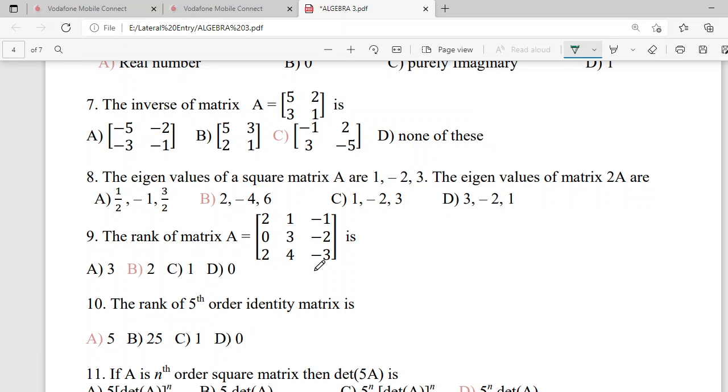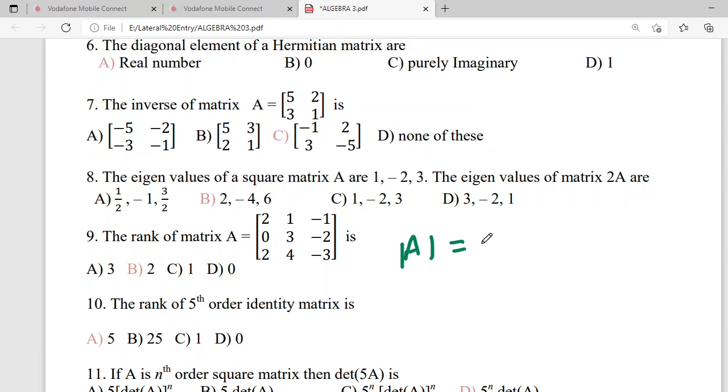So what is the determinant of this? You can write A is equal to 2 into 9 plus 8, then 2 into minus 9 plus 8, so it is minus 2, and 0 for the first column, plus 2 into minus 2 plus 3, so it is plus 2.